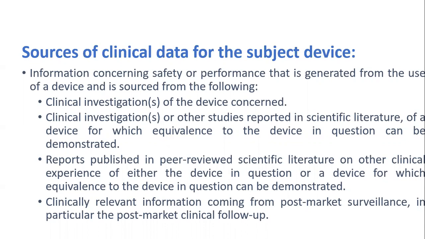But for high-risk devices, we have to see to it that the equivalent device is CE certified as per MDR, and it has all technical, biological, and clinical characteristics the same. And if there is a slight difference, there has to be some rationale or justification of what difference is found, and only then can you demonstrate the equivalency.